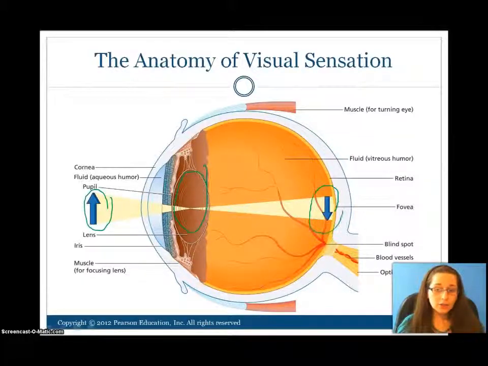So what shows up on our retina is a reversed view of all of the images. Now, that does get turned into a neural image. Once it gets into the perception process, that's when we put it back up. That's when we go, okay, things aren't actually upside down, let's take a look at everything the right way through the perception process. But it's good to know that the actual sensation that we end up getting is reversed.